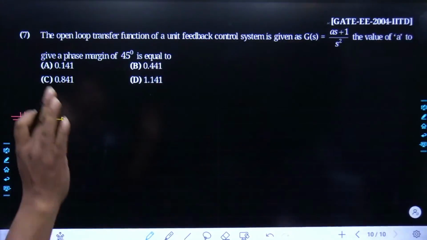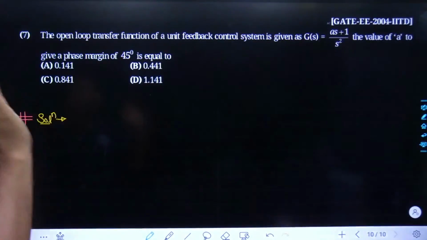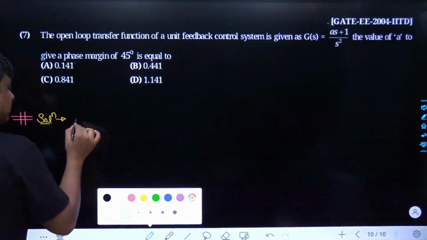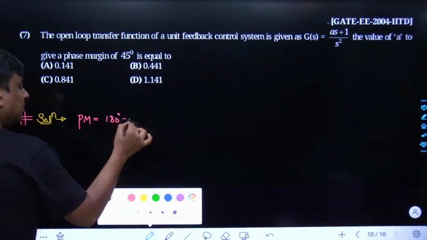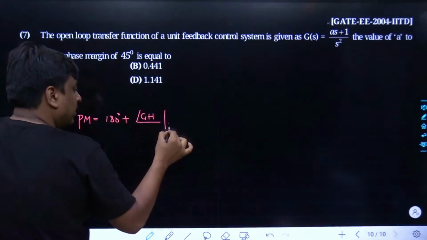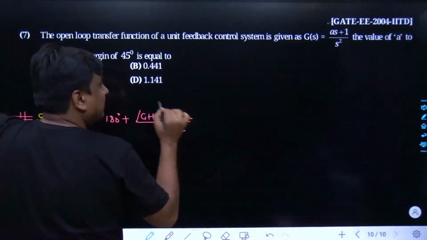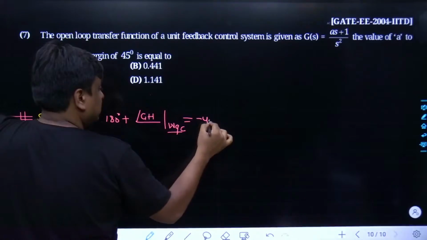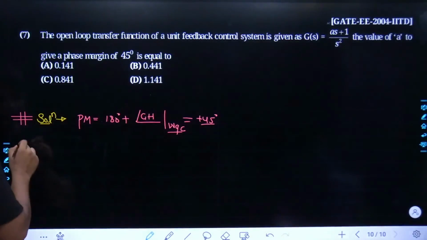In this problem, they have given that the phase margin which has to be extracted from this system has to be 45 degrees. What does that mean? The phase margin is defined as 180 degrees plus the angle offered by the system, G(j omega)H(j omega), at omega gc. In this problem it is clearly said that the phase margin is to be plus 45 degrees. So what conclusion can we draw?